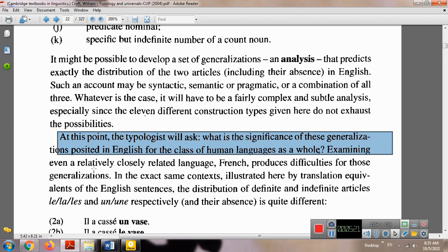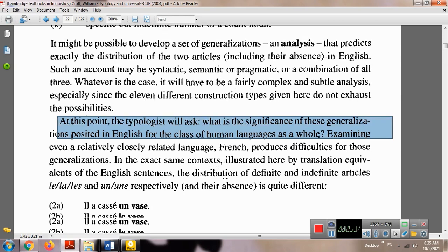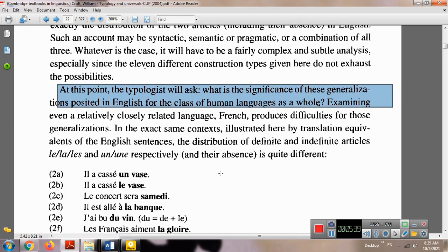Examining even a relatively closely related language like French produces difficulty for those generalizations. In the exact same context, illustrated here by translation equivalents of English sentences, the distribution of the definite and indefinite articles le, la, les differs.